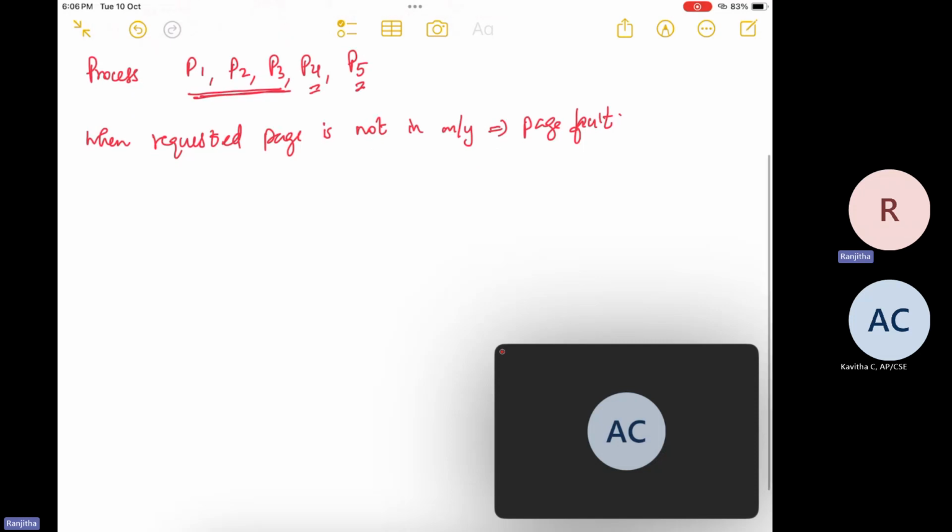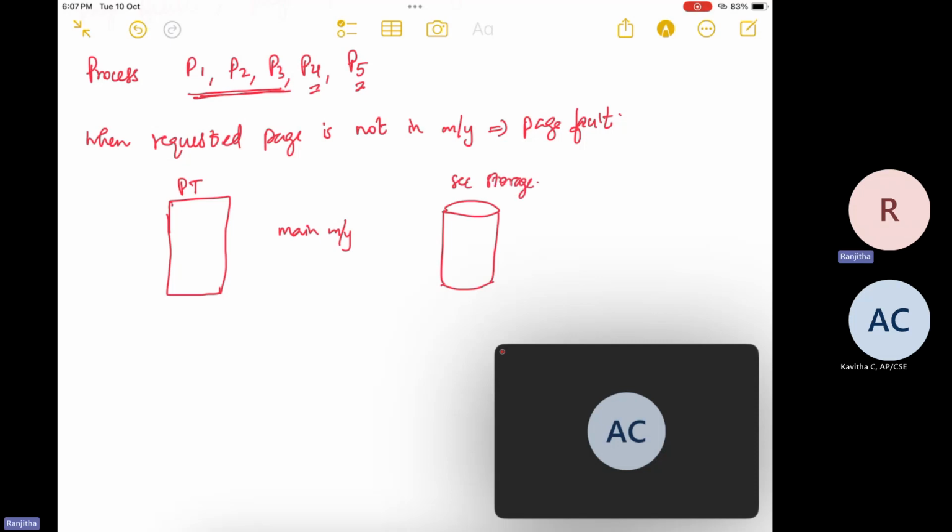Normally, how it works is there is this page table, which itself is in main memory, and we have main memory, and then we have the secondary storage, which is nothing but the frames. Now, when a process requests a particular page, if it is present in the page table, it goes directly to the main memory.